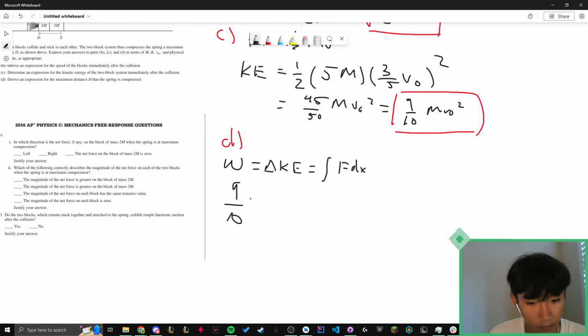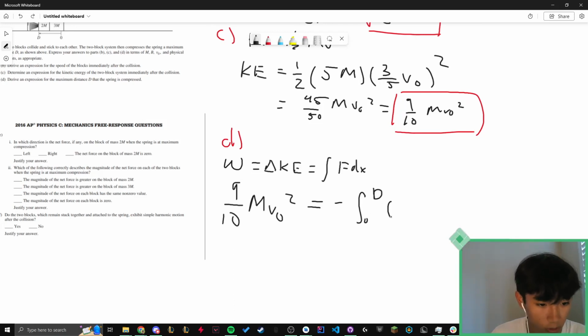9 over 10 m v naught squared, which is equal to the opposite of the integral from 0 to d of negative bx cubed dx. So why is it opposite?